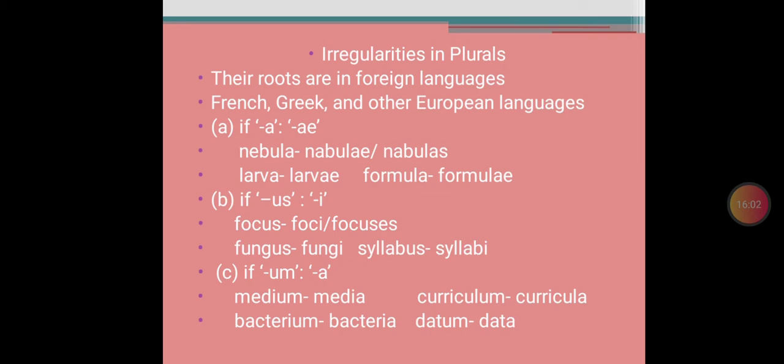And same way, this is the digital time, digital age. So we always hear the word data. It is plural form, but singular is datum. So this is how plurals are made. There are some nouns that end with ex, ix, is.